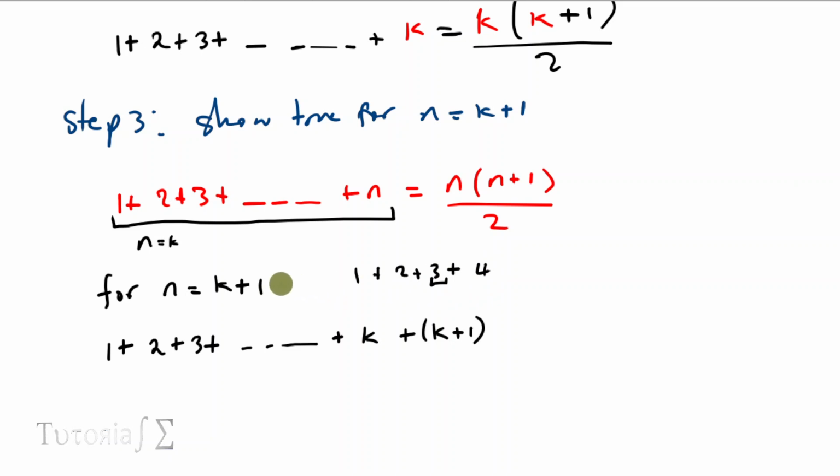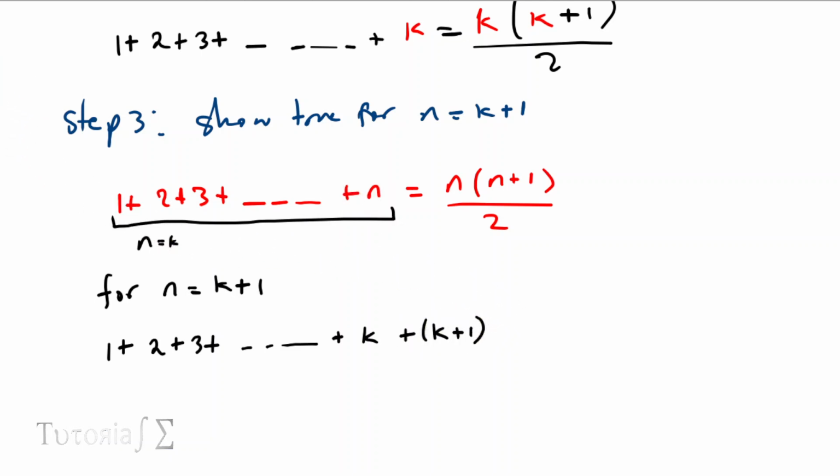So even in all sequences, when you reach this stage, you write from 1 to k. Then for k plus 1, you just replace n with k plus 1. So that is what you'll be doing.